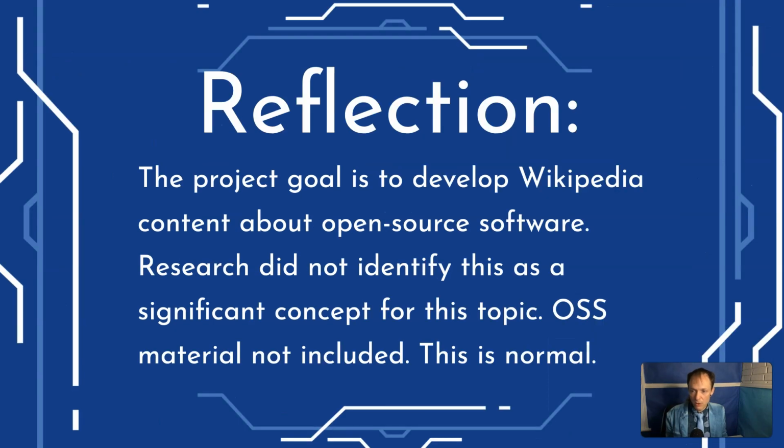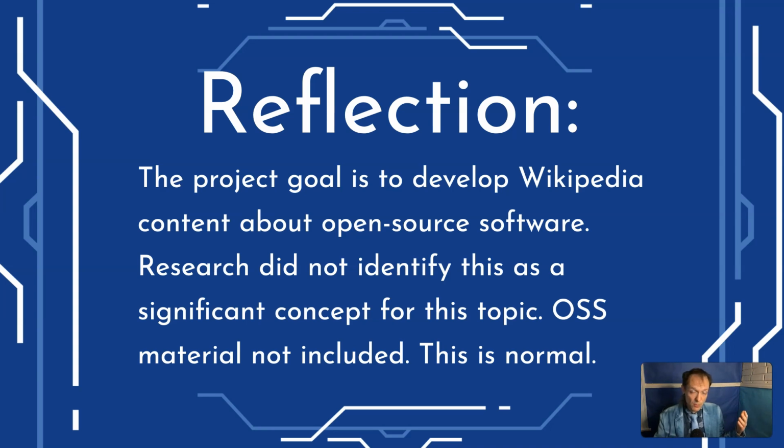Something to note, though, is that in researching data breach, the project goal of advancing knowledge about open source software was not part of this article. The sources that were identified did not treat data breach as a topic in which open source software needs to be raised. So we wouldn't have known this had we not done the research and progressed with the project.